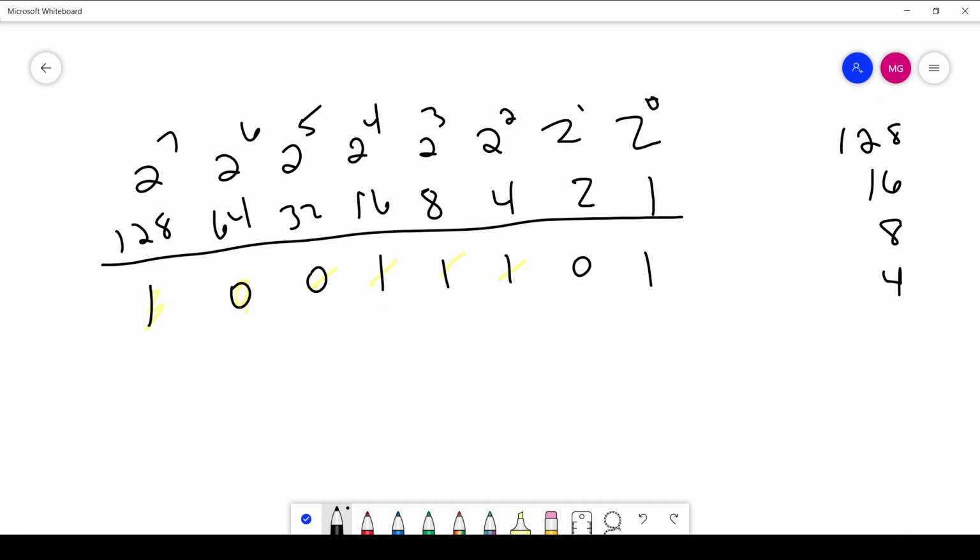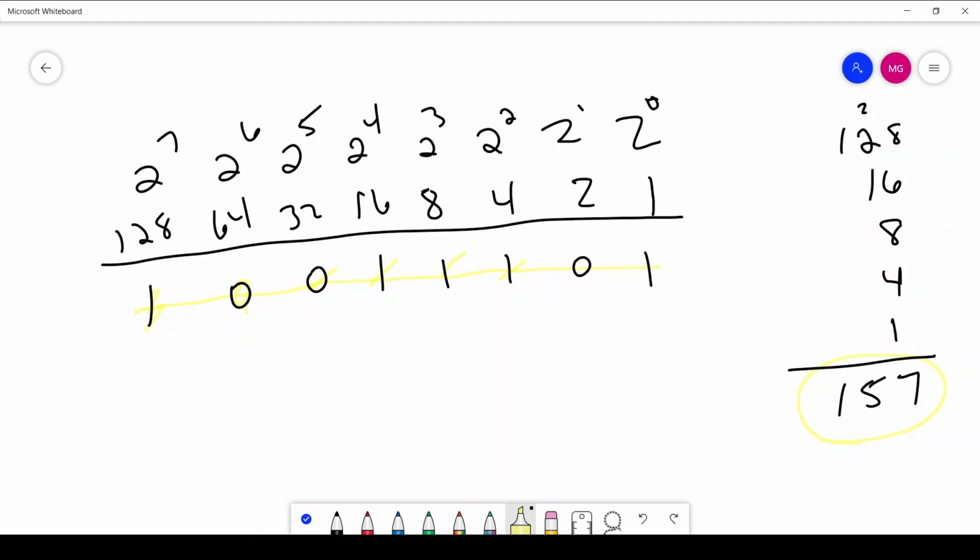And we have 1 in the 1 spot. So we take all those 1s in their place value, and we add the place values up. 8 plus 16 is 24, plus 4 is 28, and 1 is 29. Add that to 128, and we get 157. So this number over here, 1 0 0 1 1 1 0 1, is equal to 157.